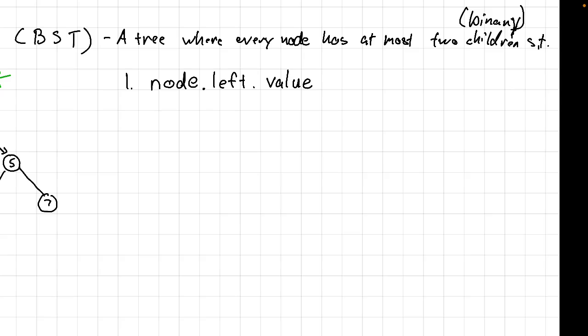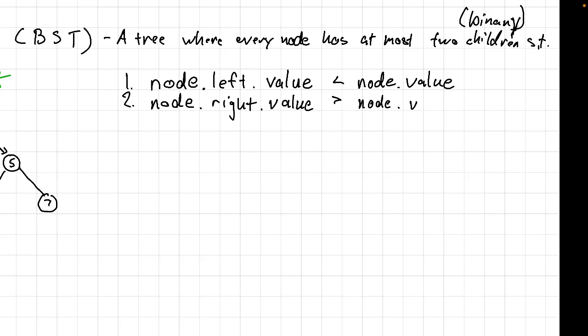The value of the node on the left should be less than the node's actual value. Likewise, the node on the right has a value greater than the node's value. And node.value is the root at the first step. More on that in a moment.